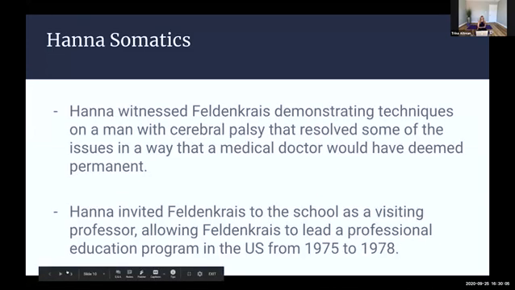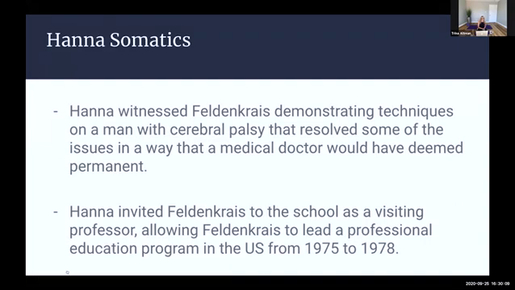Okay. So Thomas Hanna witnessed Feldenkrais demonstrating techniques on a man who had cerebral palsy, that resolved some of the issues for the gentleman in a way that a medical doctor would have deemed permanent. So you can imagine, light bulbs were going off.